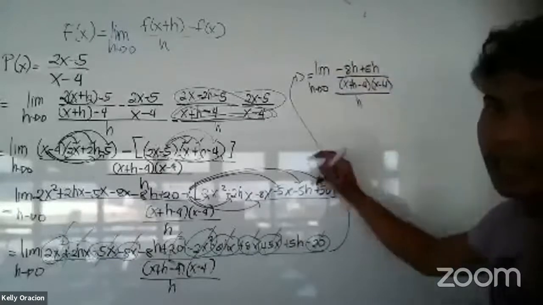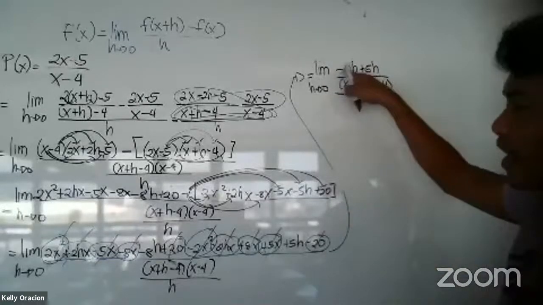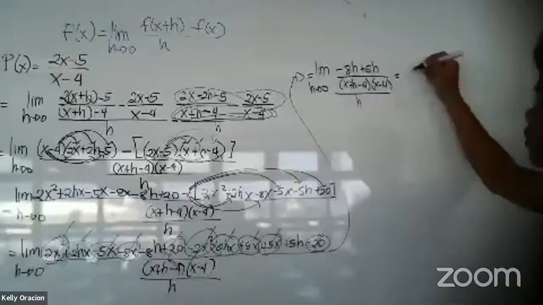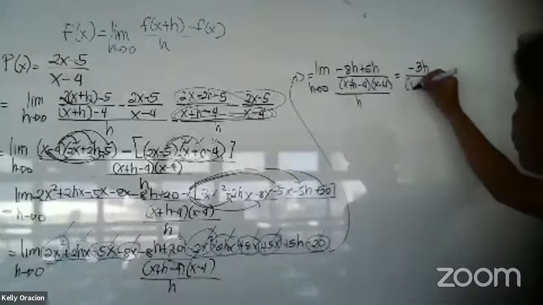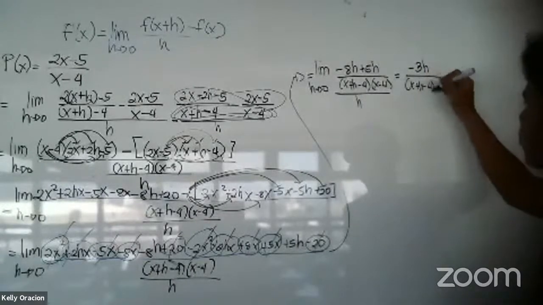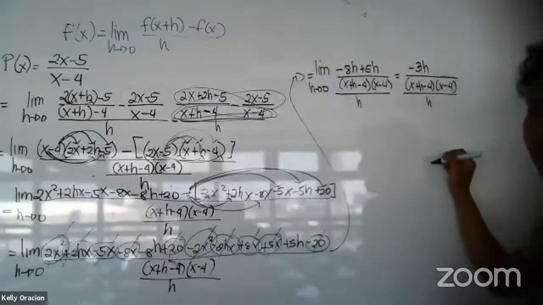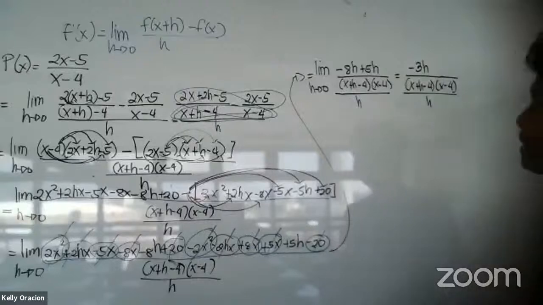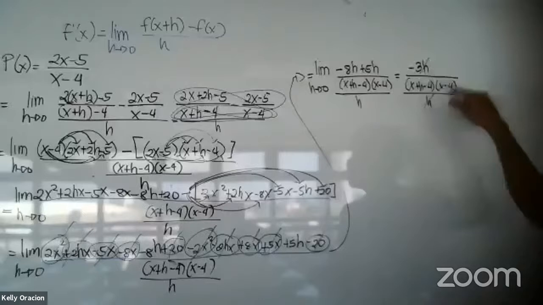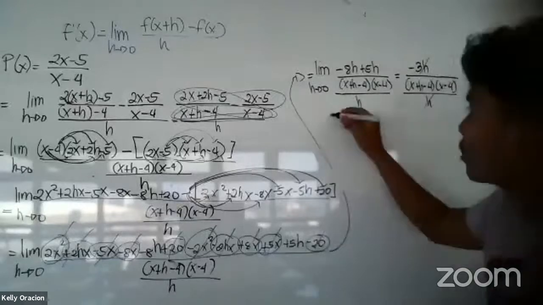So negative 8h plus 5h, the answer is negative 3h over x plus h minus 4, x minus 4, over h. And class, makancel na siya.